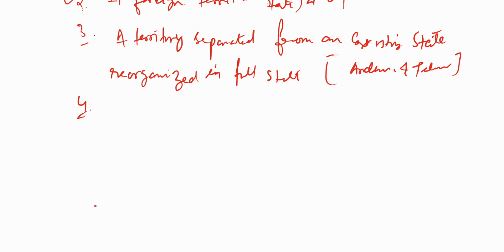Here I want to tell you that Article 2 deals with admission of new state which may be formed of the foreign territories. This would be a little bit wrong example, I'll tell you why.